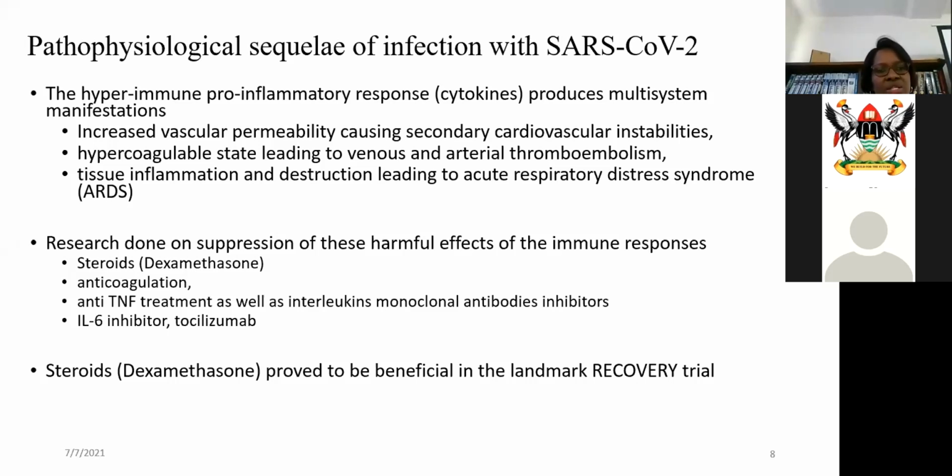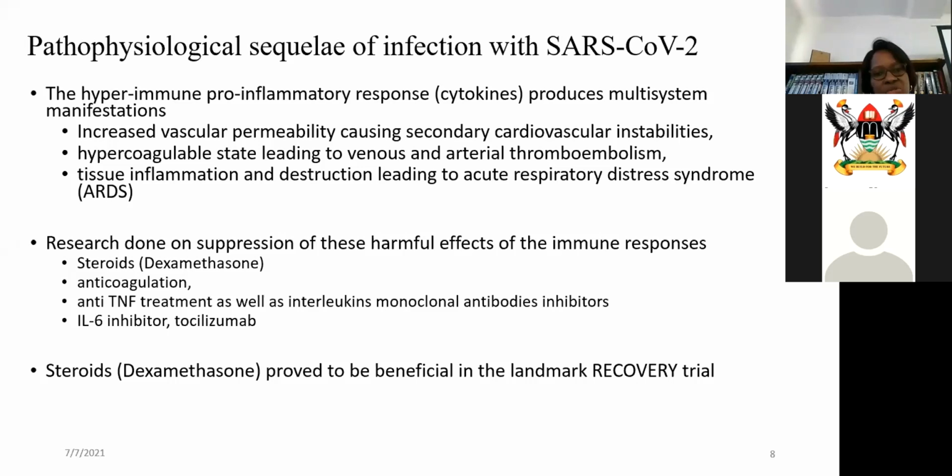Then there are some anti-tumor necrosis factor treatments and some drugs that have been used to stop the inflammation, as we shall see in the later slides. Some have shown some benefit.